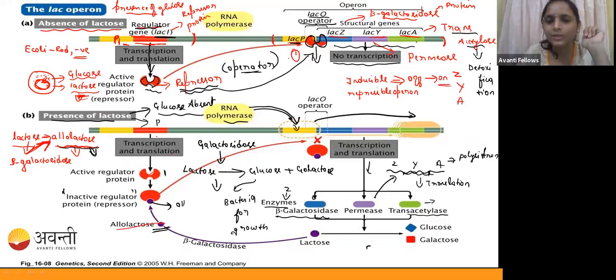Now tell me, how many genes are present on the lac operon? Which are those genes? Can you tell me in the order? I'm asking about the order of the genes present on the lac operon.